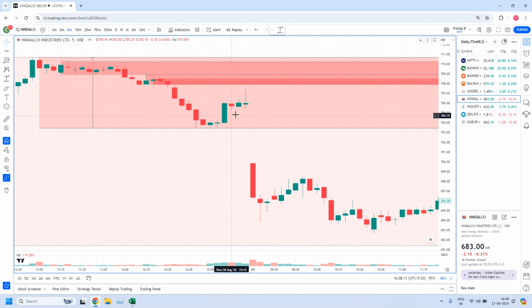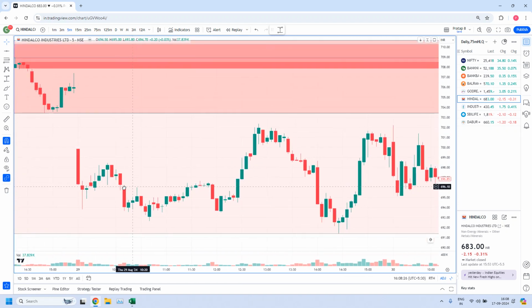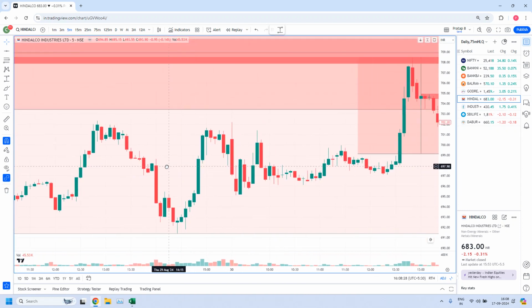And another interesting thing is, see, a rejection before the zone. See, prices are coming and going down. This is a fine-tuned 5-minute zone. Apart from the rejection, a strong order flow is there. See, prices entered this area and then came down.